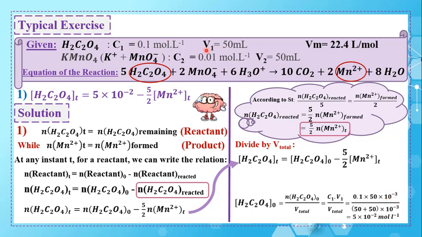V total is equal to V1 plus V2, which is 50 plus 50. We multiply by 10 to the power minus 3 to convert to liter, and we will obtain 5 times 10 to the power minus 2, which is this value. So we can replace it to have the relation I want to verify.